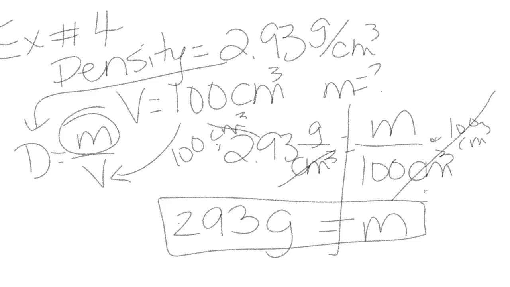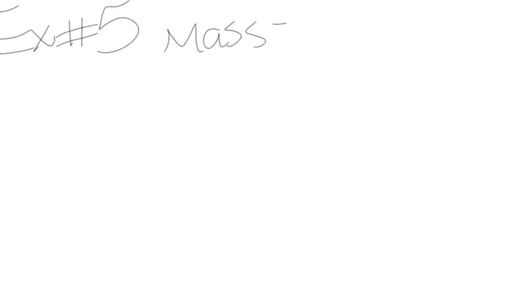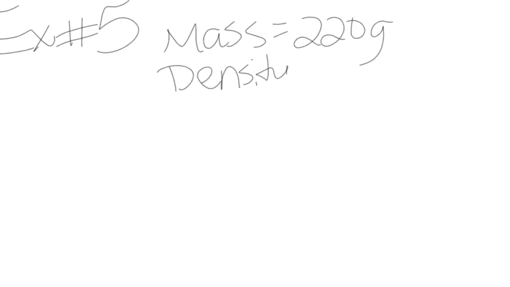All right, so let's look at another one of these. Example number 5. Okay, if I have the mass is equal to 220 grams and the density is 75 grams per milliliter, and we want to know volume. Okay, so I do the same thing.